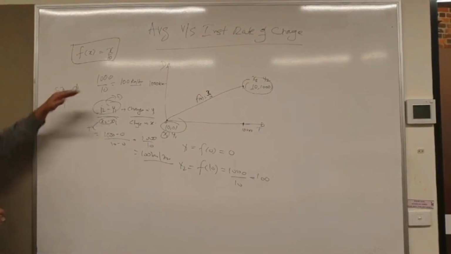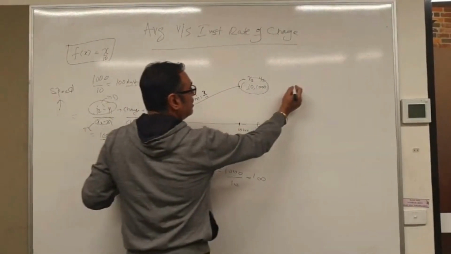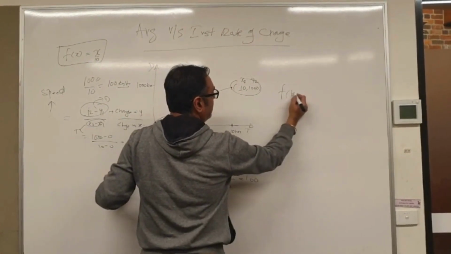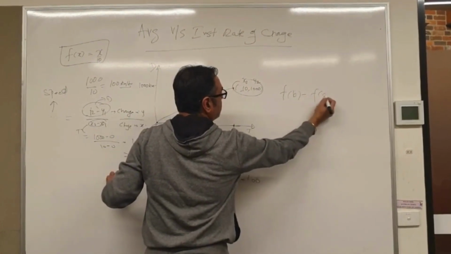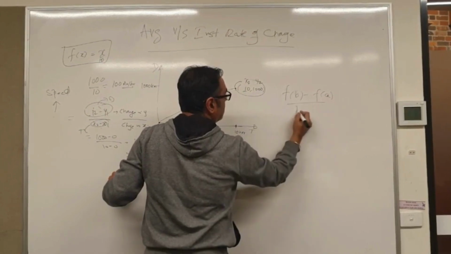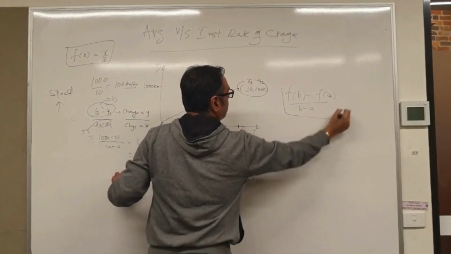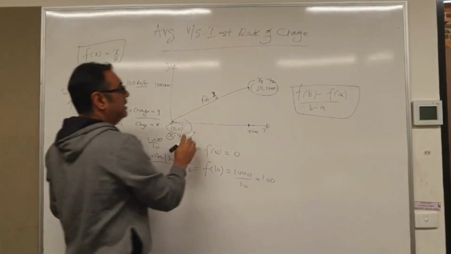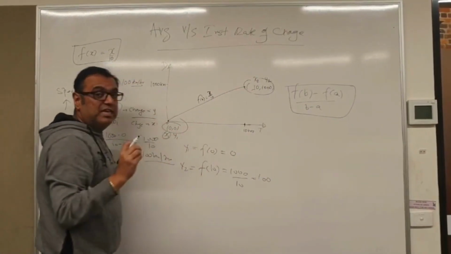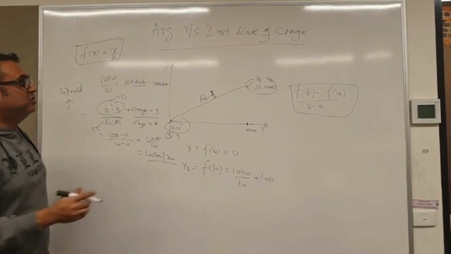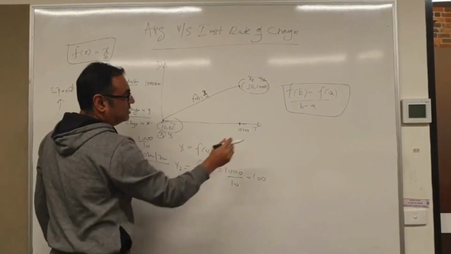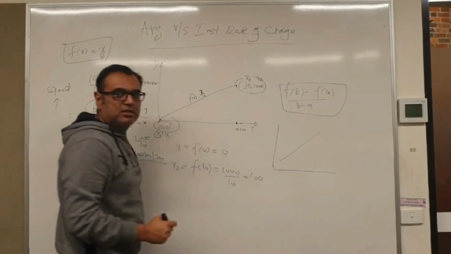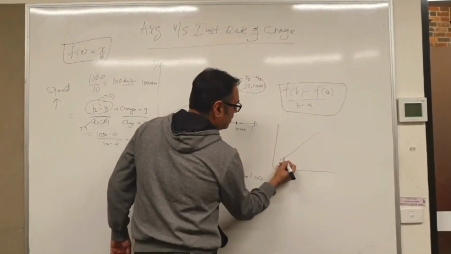So average rate of change is actually, if you've got 2 points, f of b minus f of a over b minus a. So if you've got 2 points across which you are measuring the average rate of change, this is how it's going to be. So what it actually means is that you've got a line like this, and you've got 2 points here.